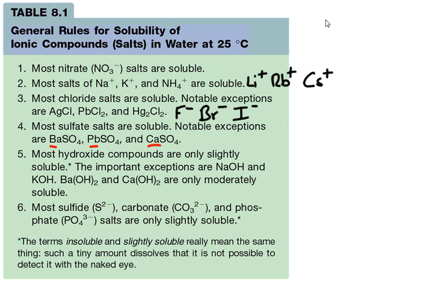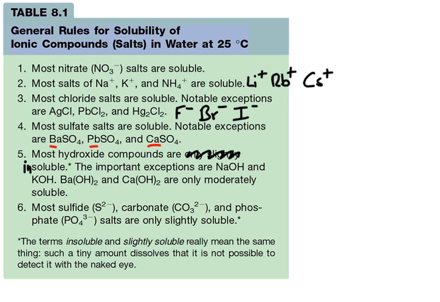Okay? Most hydroxide compounds are only slightly soluble. And let's just go ahead and change that right now. They're insoluble. Period. Hydroxide compounds are insoluble. The important exceptions being sodium hydroxide, potassium hydroxide, and barium hydroxide, and they say they're moderately soluble.